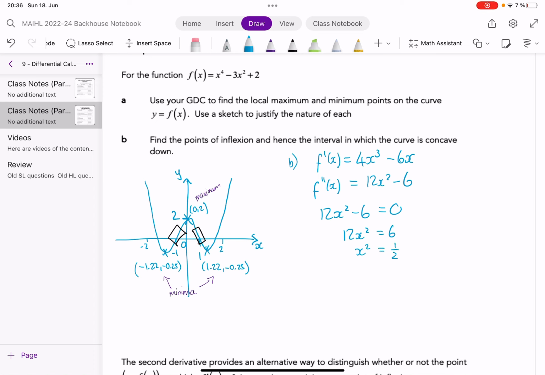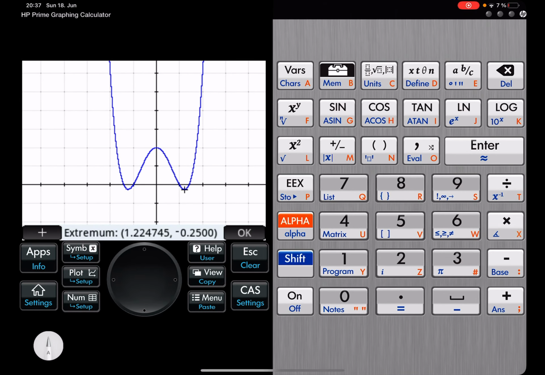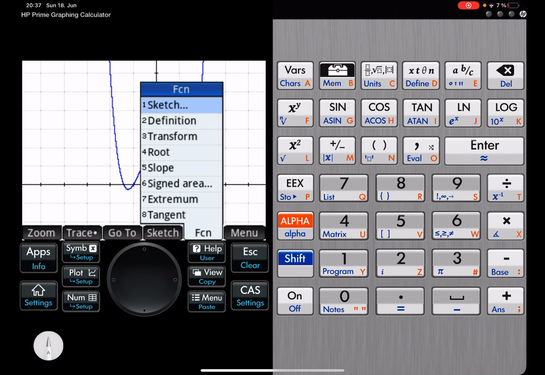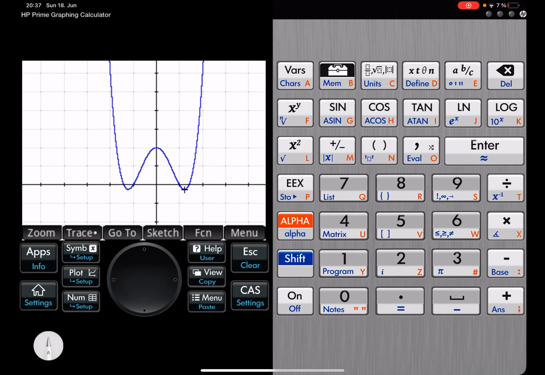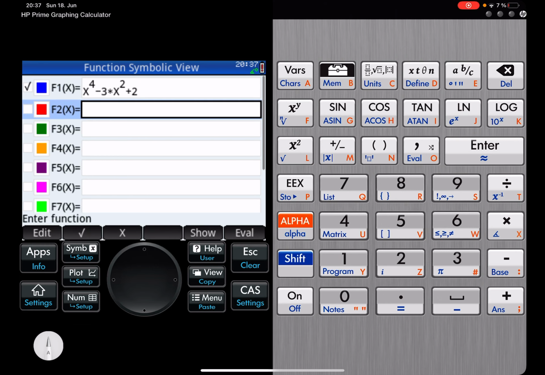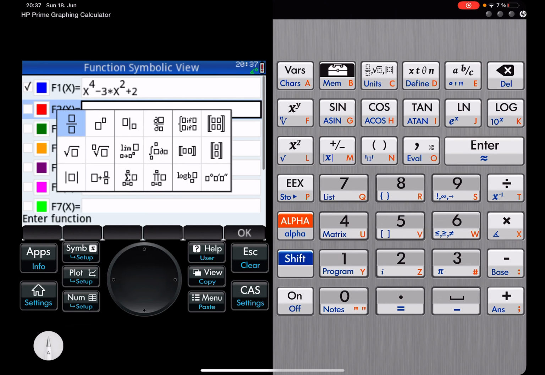It is a half, and I could say x is plus or minus the square root of a half, or root 2 over 2. Or we could, now how could we get it from our graph? There isn't a function for finding points of inflection, but what we could do is find the derivative of this.